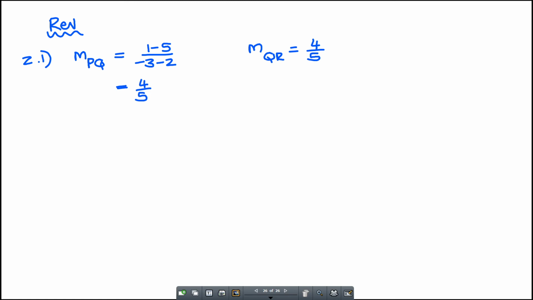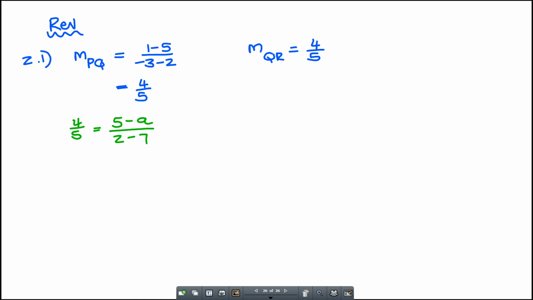Okay, so now I've got to make that equal to 4 over 5, and now I get the gradient between R and... I'm going to choose R. So then, Y-values is 5 minus A, X-values 2 minus 7.